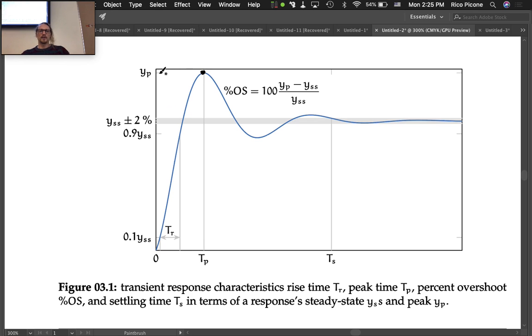So YP is the Y peak. And we subtract the steady state value, which is the value that the envelope is approaching as time goes to infinity. And we subtract that off, and then we divide by the steady state. So it's a percent difference, multiplied by 100 to get the percentage. And that's the percent overshoot.